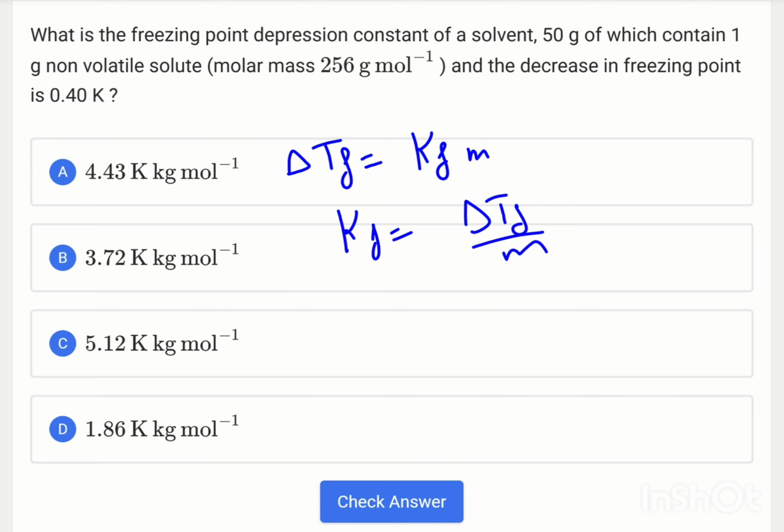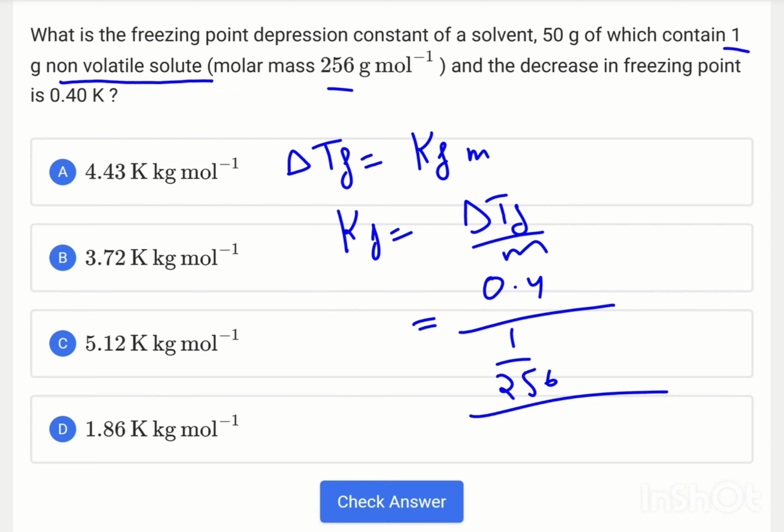So what is delta TF? Delta TF is 0.4 upon 1 gram non-volatile solute, that is 1 upon 256 divided by 50 into 10 to the power minus 3.